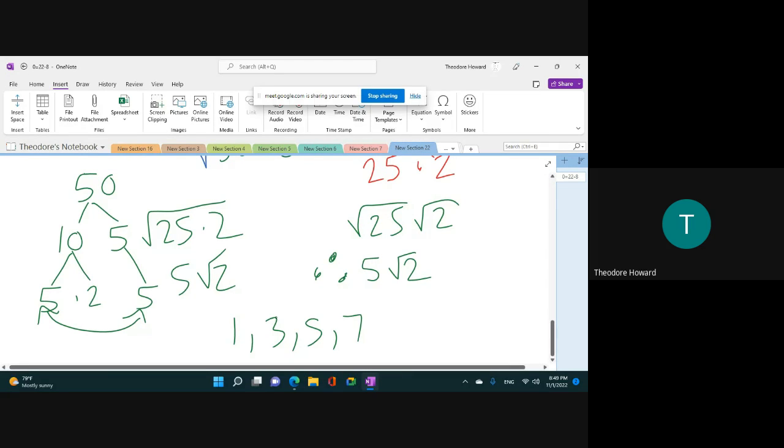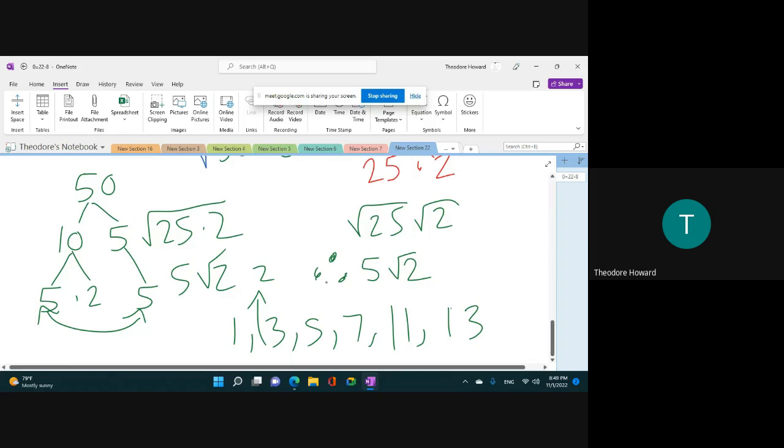What about 5? Can you think of two numbers multiplied together that give you 5? No, only 5 and 1. 7, 7 and 1. 11, 1 times 11. 13, 1 times 13. And we could keep going. But there's one number I forgot: 2. Because 2 times 1 is 2.